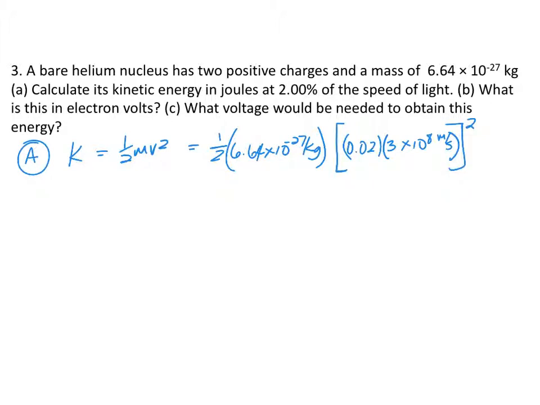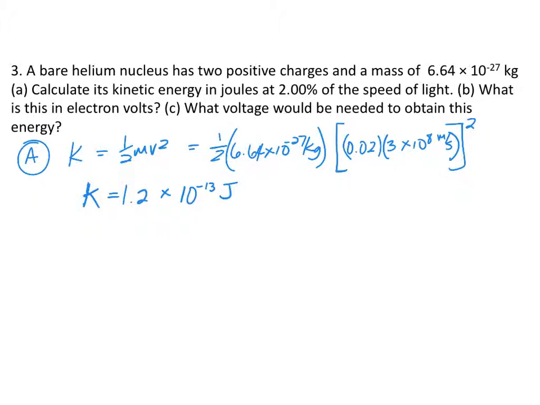So that's 2% of the speed of light, and all of that squared. So the kinetic energy will end up being 1.2 times 10 to the minus 13 joules, which is a lot for a little thing like a helium atom, nucleus, rather.